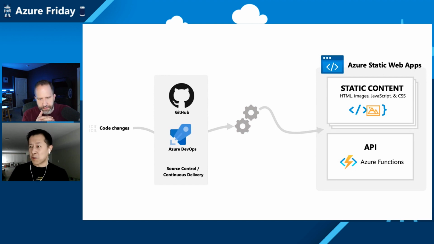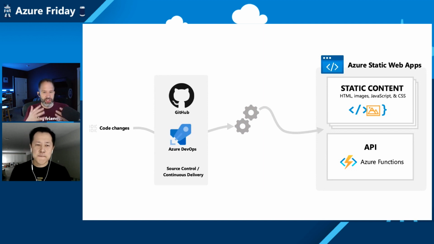And as I was saying before, for your static content, we'll actually distribute that globally for you automatically. And if you need any backend logic, you can optionally create a serverless API using Azure Functions. And you can source control that function app in the same repository as the rest of your web app, so they can build and deploy your entire application as one unit.